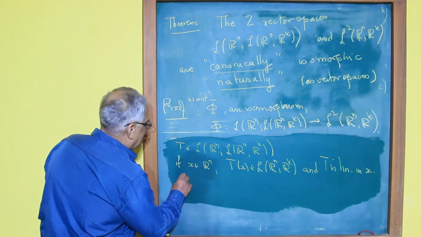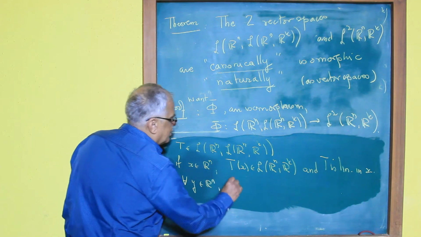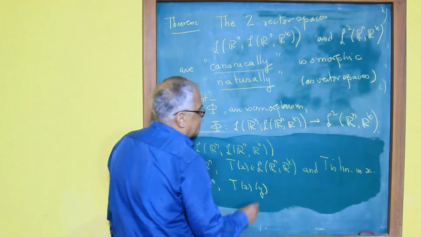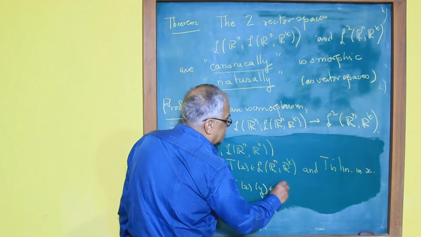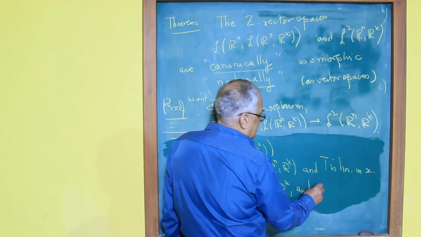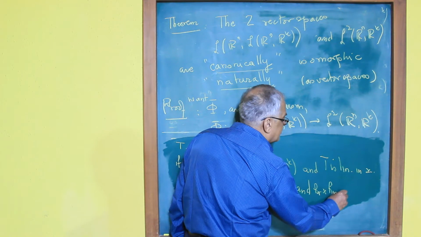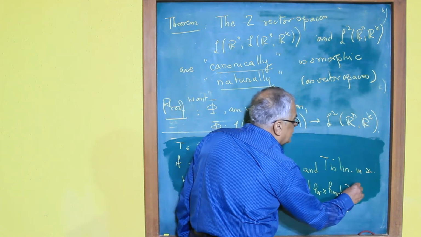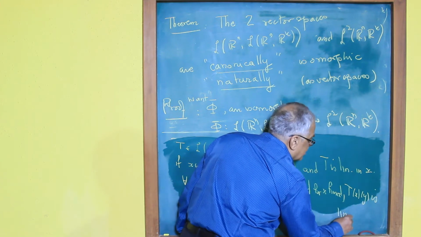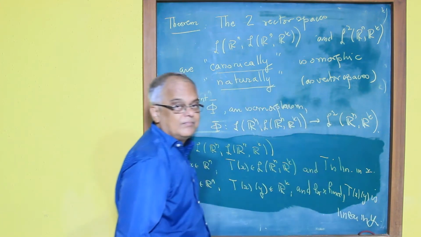This says that for all y in Rn, T of x evaluated at y is an element in Rk, and for x fixed, T x y is linear in y.